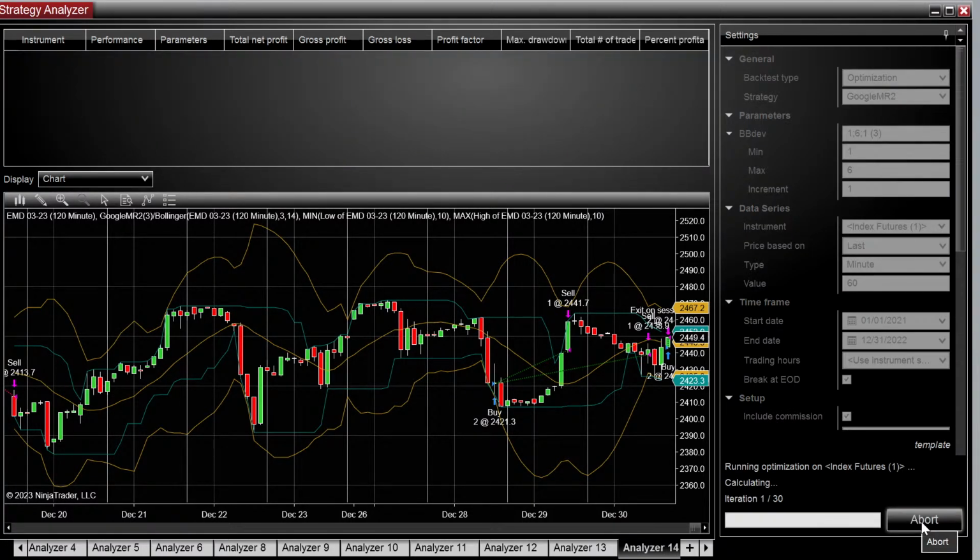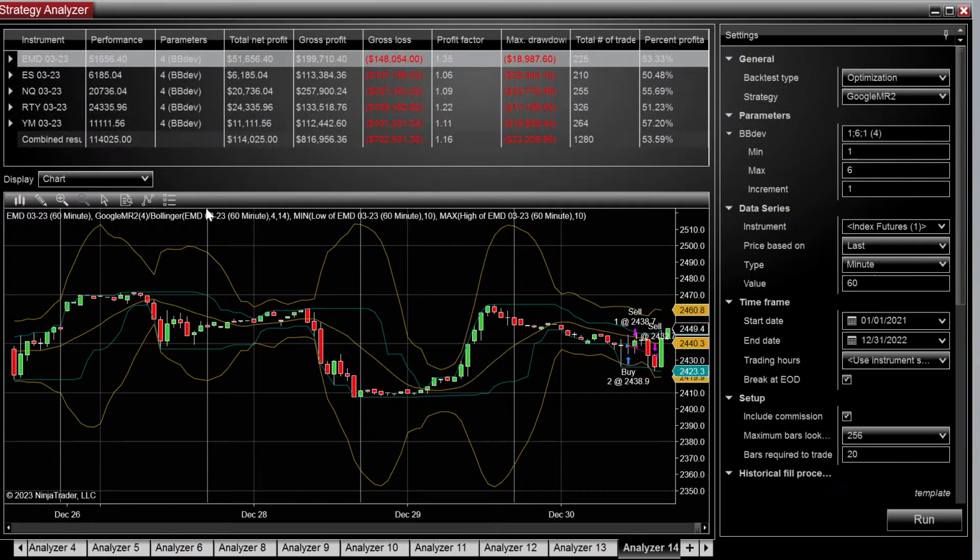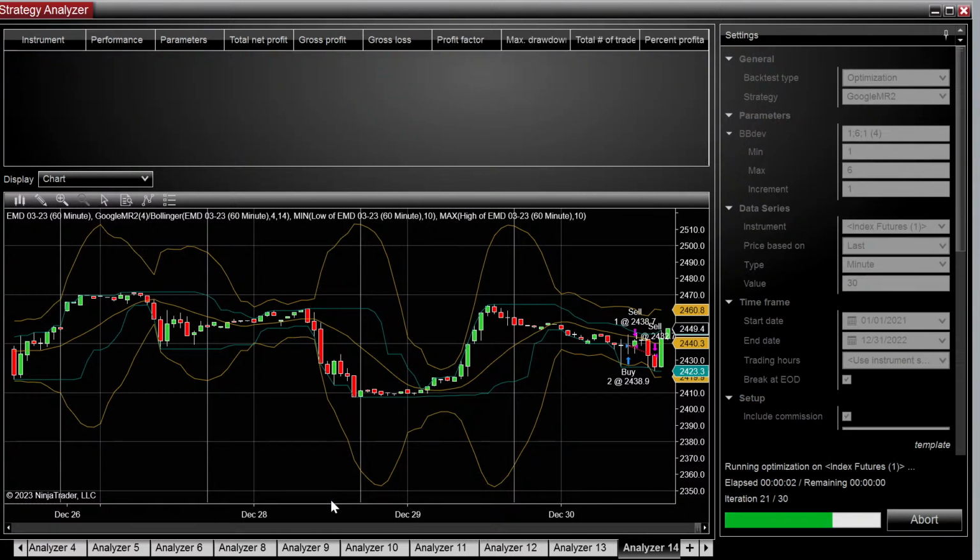See if we can get a decent P&L to drawdown ratio. Mean reversion strategy is supposed to have low drawdowns.